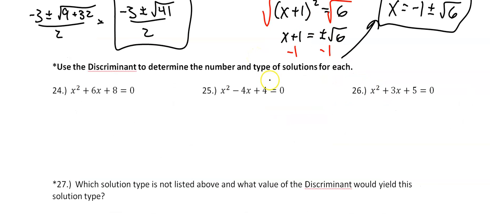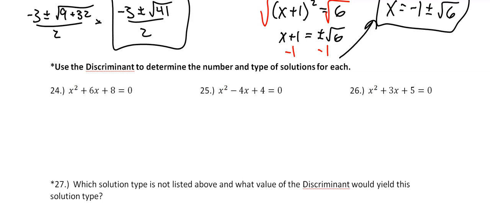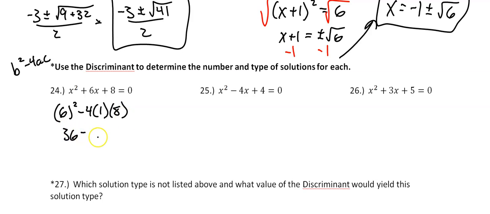The next couple says use the discriminant to determine the number and type of solutions here. So remember, the discriminant's the thing under the square root, the b squared minus 4ac. So here, b squared minus 4 times a times c. I just have to look at the results of this. That's a 36 minus 32, which is a 4. If the thing under the square root's a perfect square, I'm going to get 2 nice answers because I'll have plus or minus a 2.